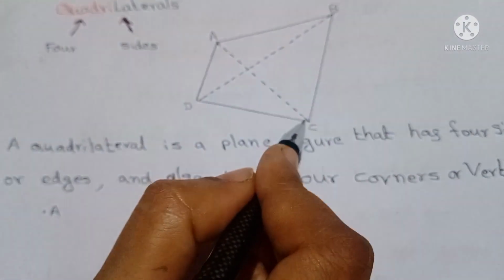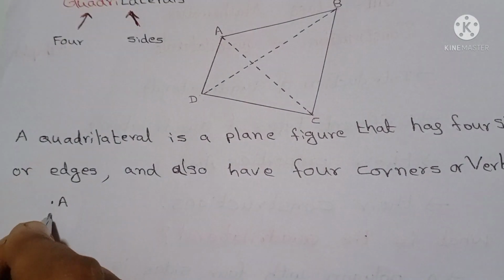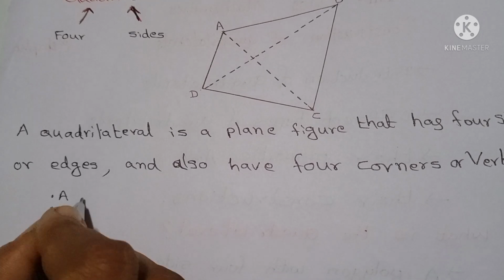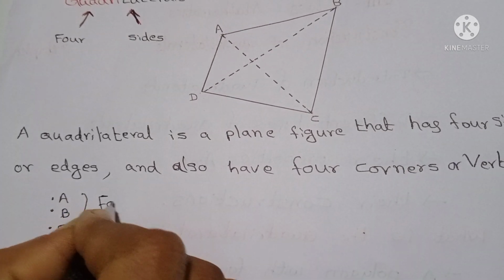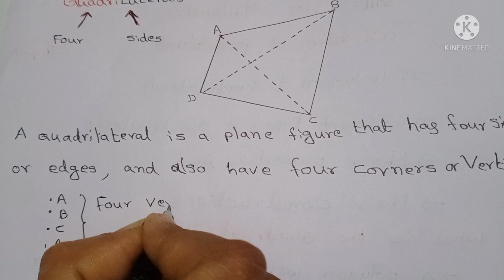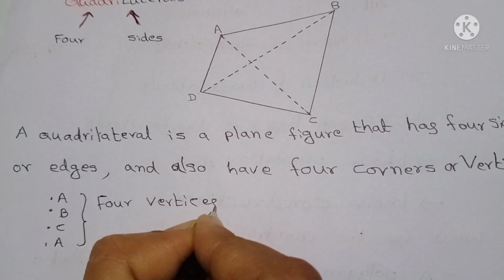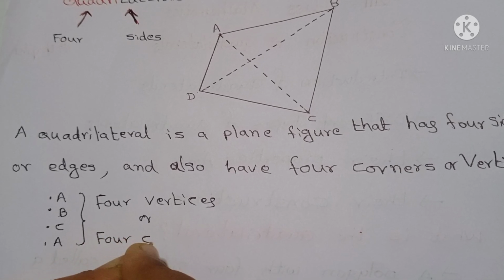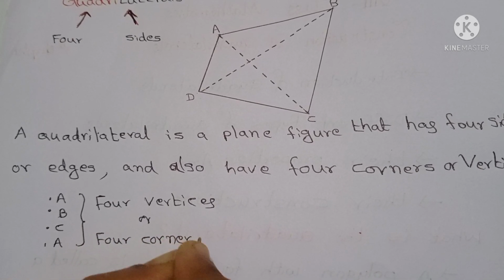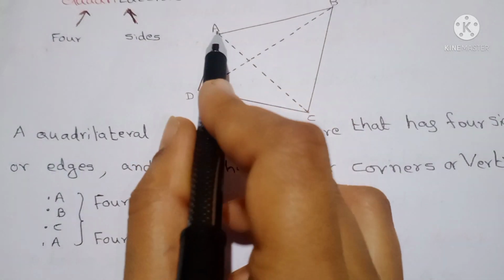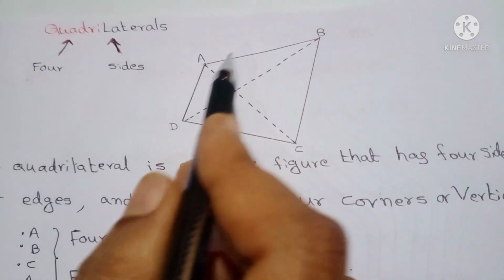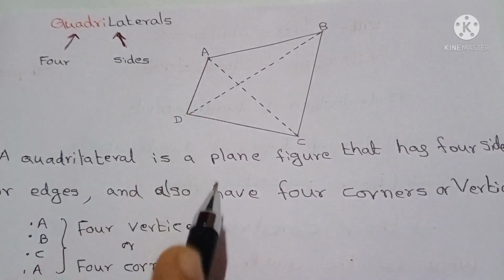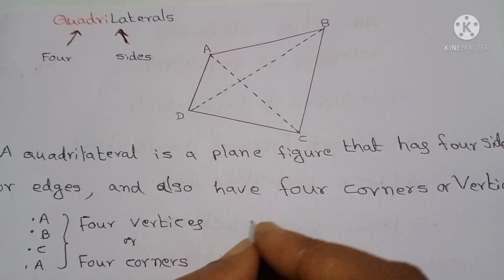Point A, point B, point C, point D are 4 vertices. 4 vertices are 4 corners. And AB, BC, CD, DA, 4 sides are edges.